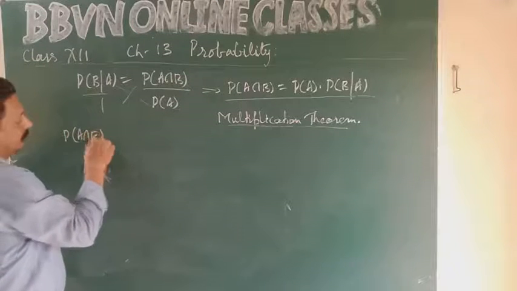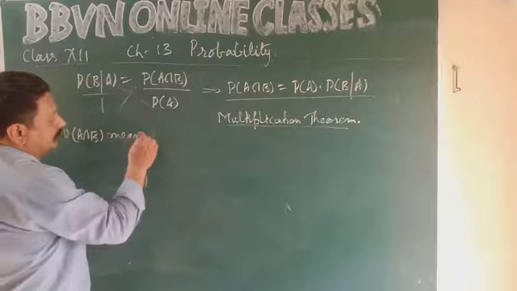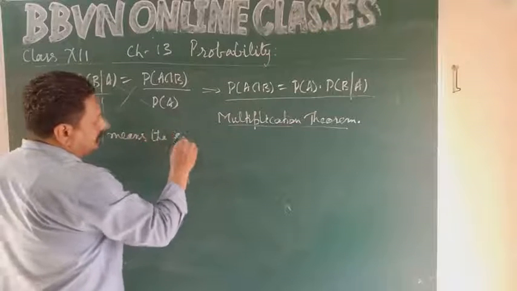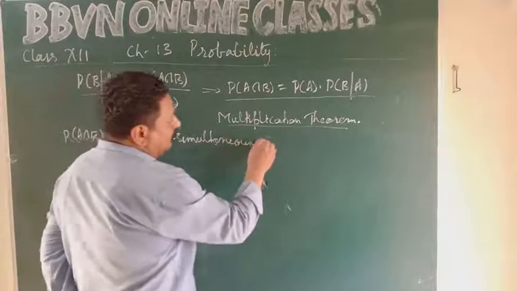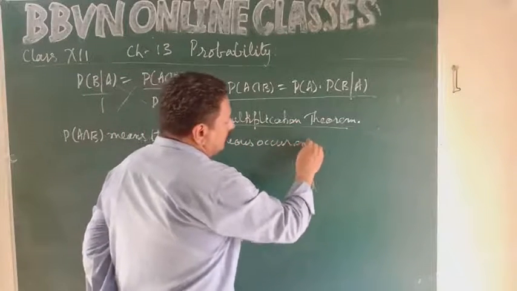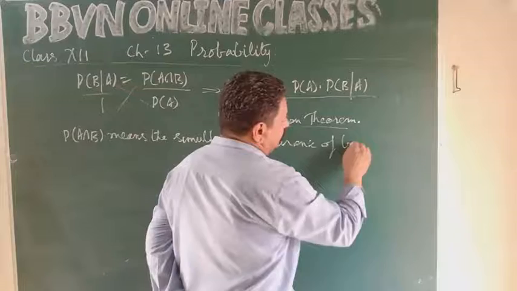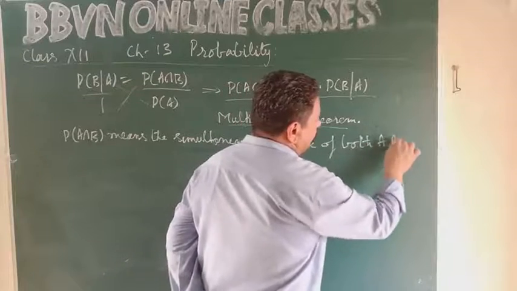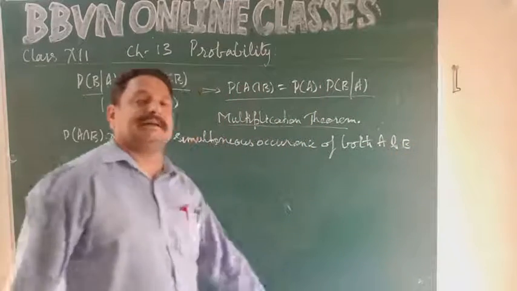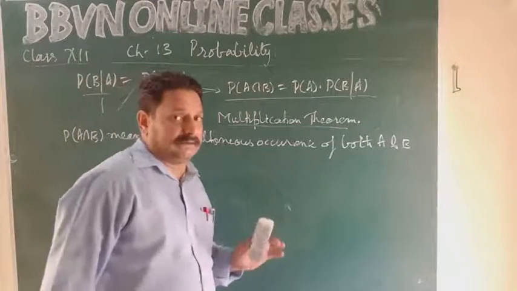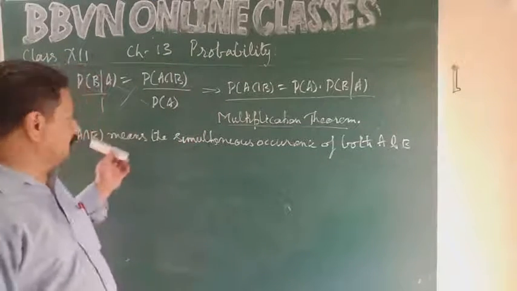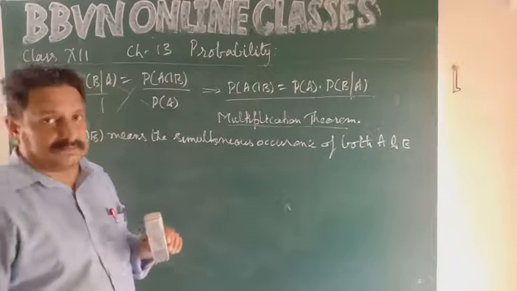Probability of A intersection B means the simultaneous occurrence of both A and B. Simultaneous occurrence, एक साथ होना. Simultaneous occurrence of both A and B. This is the literal meaning of the expression probability of A intersection B.